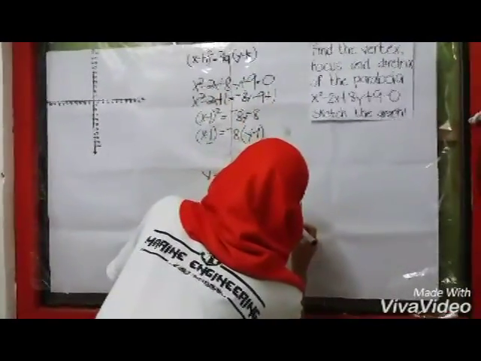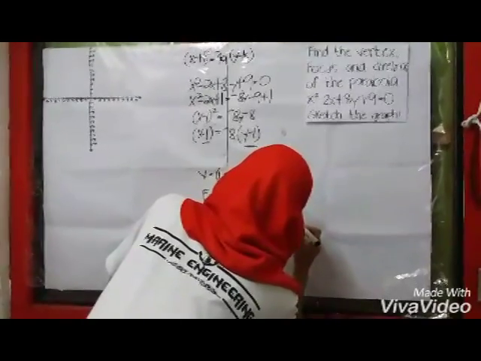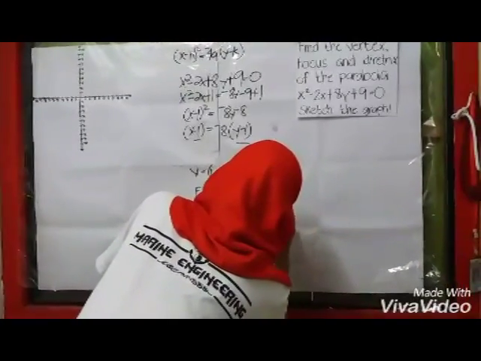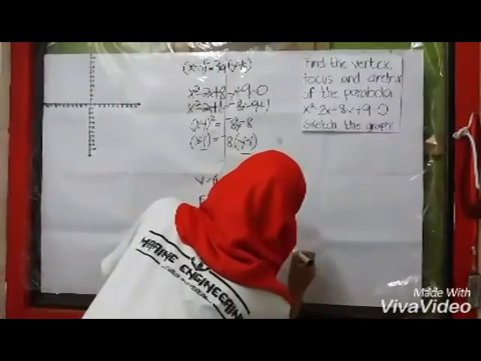So now we have our endpoints of the latus rectum, which are (5, -3) and (-3, -3).